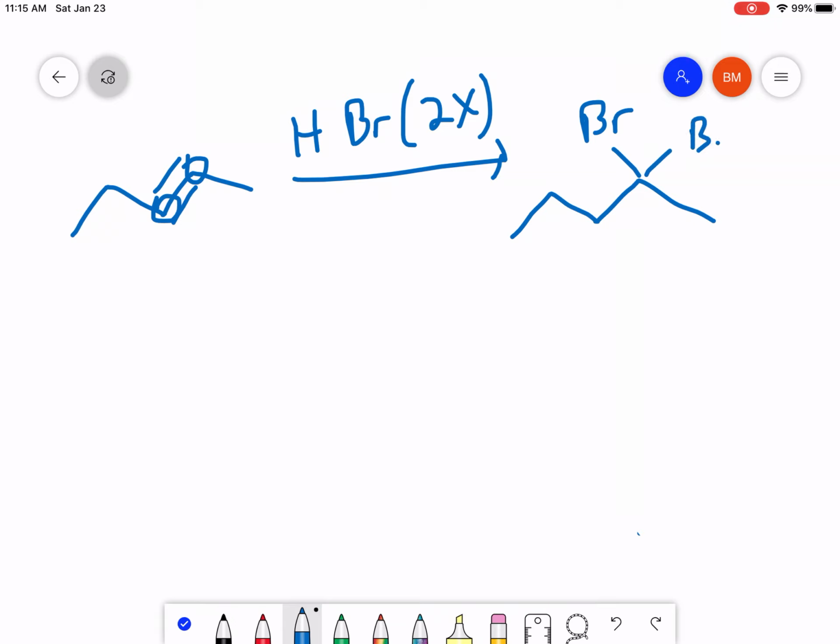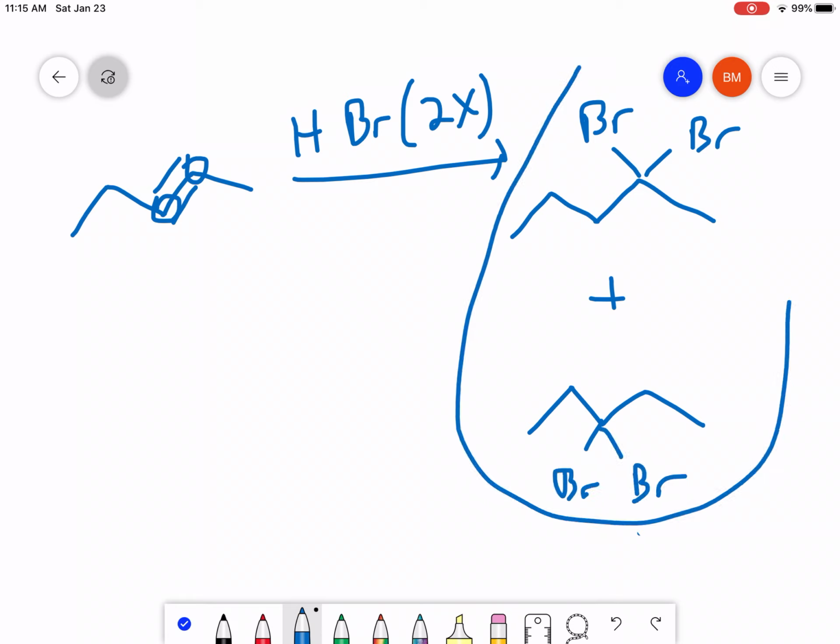But here would be the 2 products that you would get out of this reaction. And I think if you follow the mechanism, it will lead you to these 2 products. Again, if not, please let me know and we can work through it. Okay?